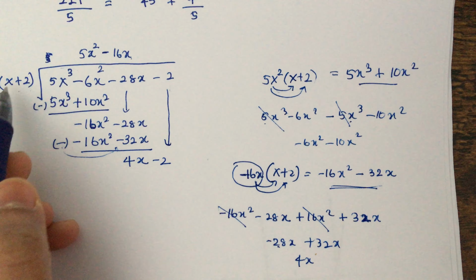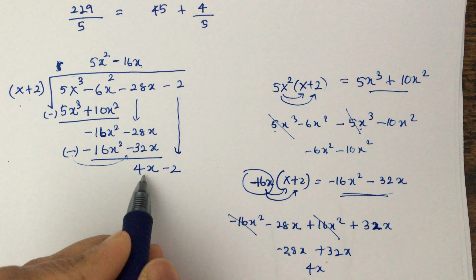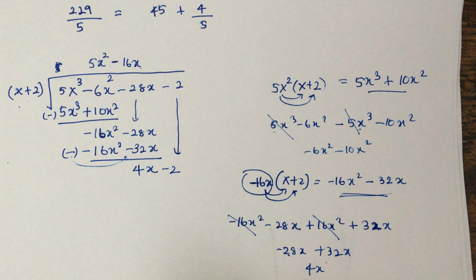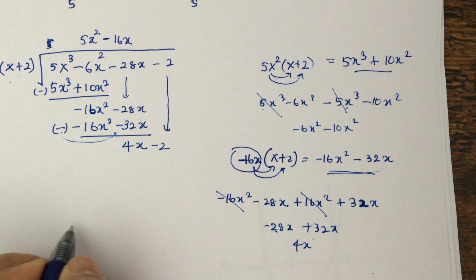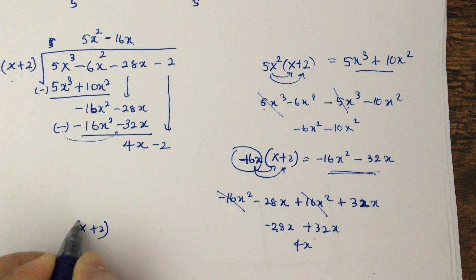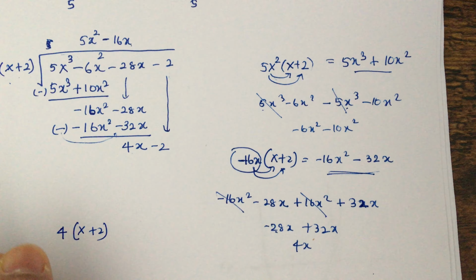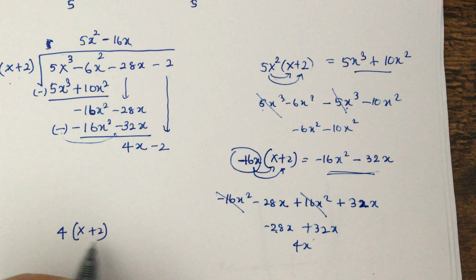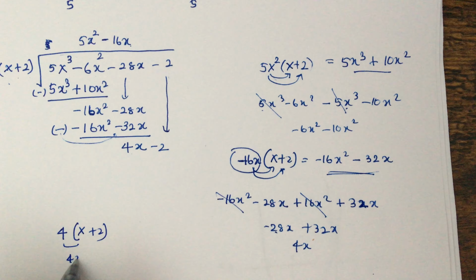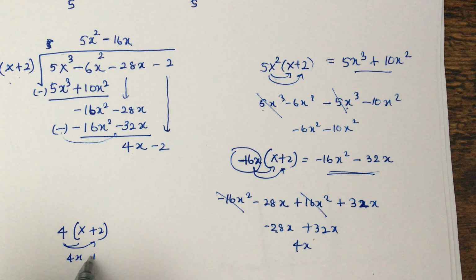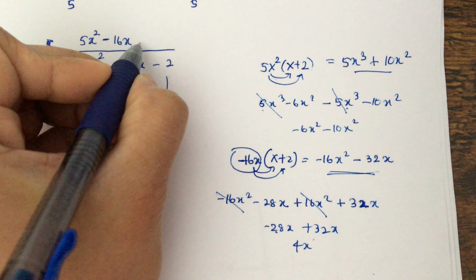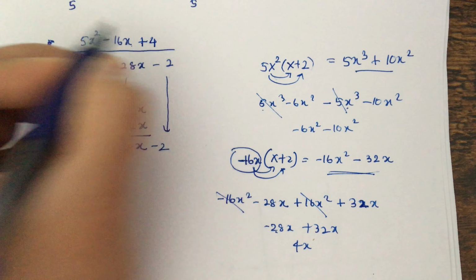Now let's look at x plus 2. How do you get 4x with x plus 2? x plus 2 times 4, you have to multiply by 4, right? So that is 4x plus 8. You are going to write down positive 4 over here.